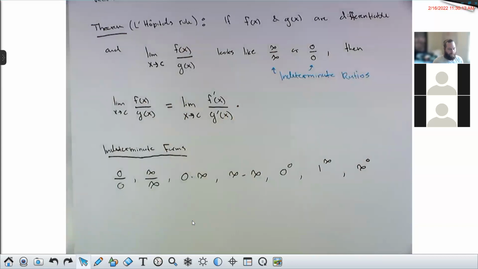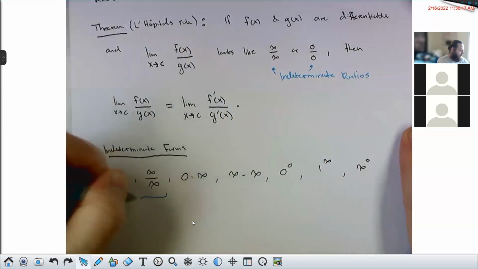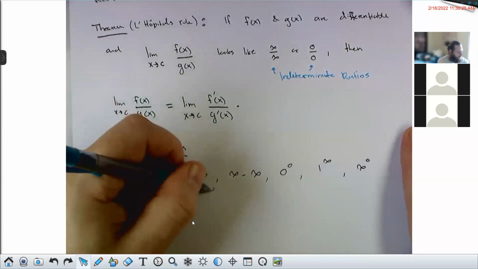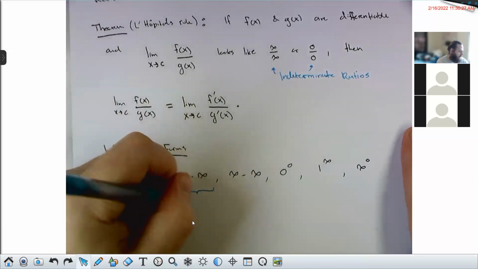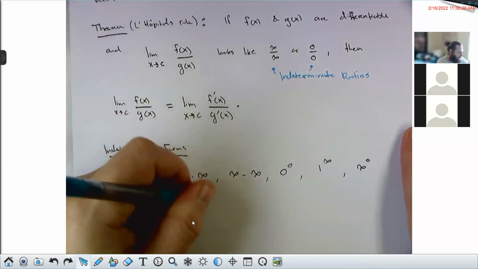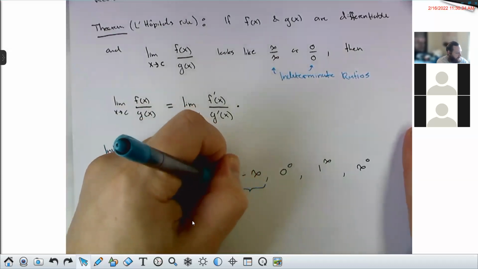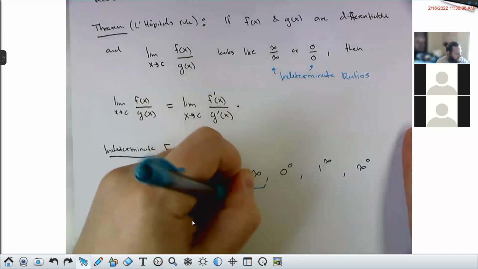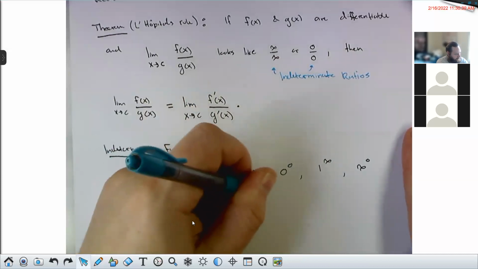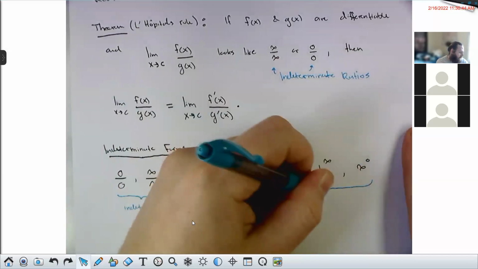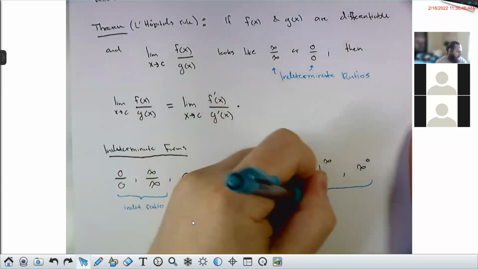So these first two are indeterminate ratios. This is called an indeterminate product. This is called an indeterminate difference. And these three are called indeterminate powers.